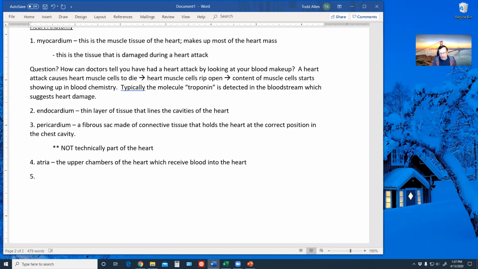Okay. The lower chambers of the heart, which some of you answered in the chat window already, are the ventricles. The ventricles are the lower chambers, and they are responsible for pushing blood throughout the body.